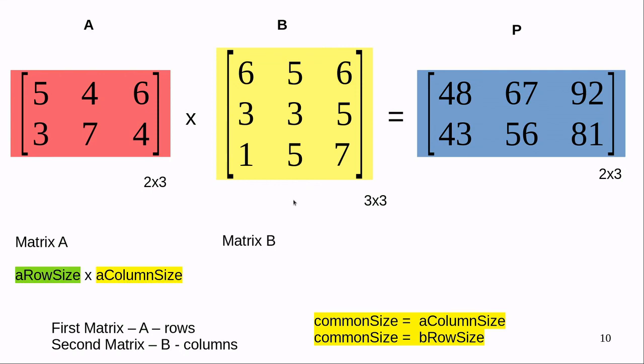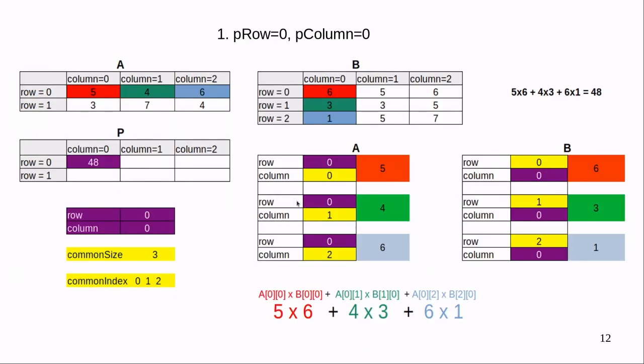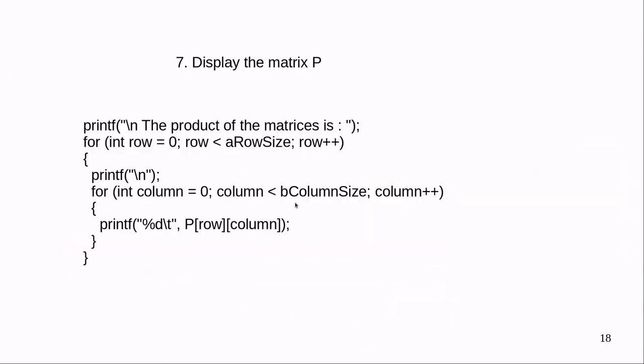Once we complete that process, we have just one step left, that is to display the matrix back to the console. For that we give a printf statement, that is the product of the matrices is, and here you already know for our product the number of rows is dependent upon A row size and number of columns is dependent on B column size. Using those we print the matrix back to the user.